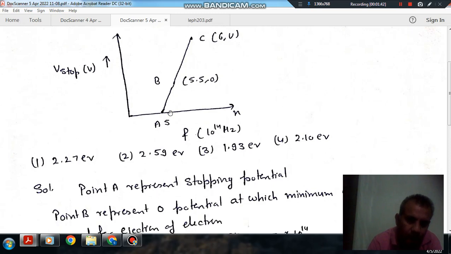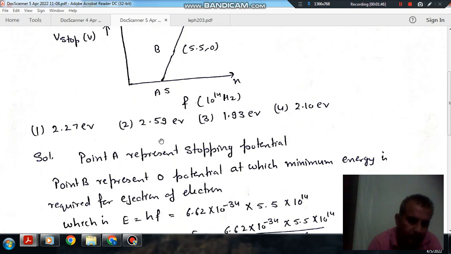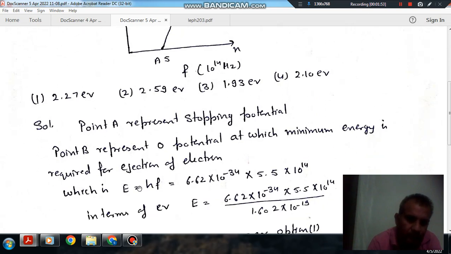It means this is the minimum energy required for the ejection of an electron. The energy is given by h into frequency, where h is Planck constant and f is your frequency. So this is the minimum energy required for ejection.